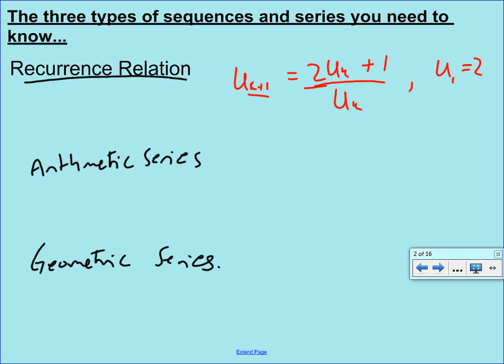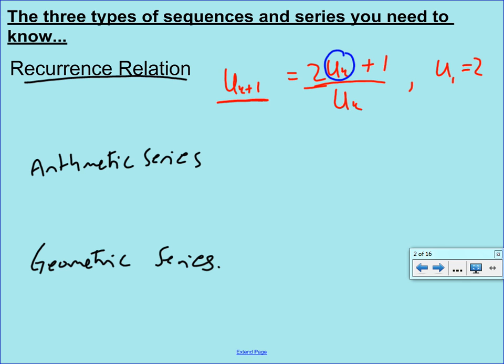Basically, a recurrence relation means that the next term, this u_(k+1), is some variant of the previous term. We're going to see this in a second.